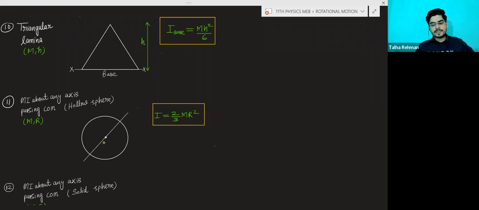And this is the sphere, the hollow sphere. For this hollow sphere, take any axis passing through the center of mass. The moment of inertia about that axis will be 2 by 3 M R square, where M is the mass of the sphere and R is the radius of the sphere. A sphere is a three-dimensional object.